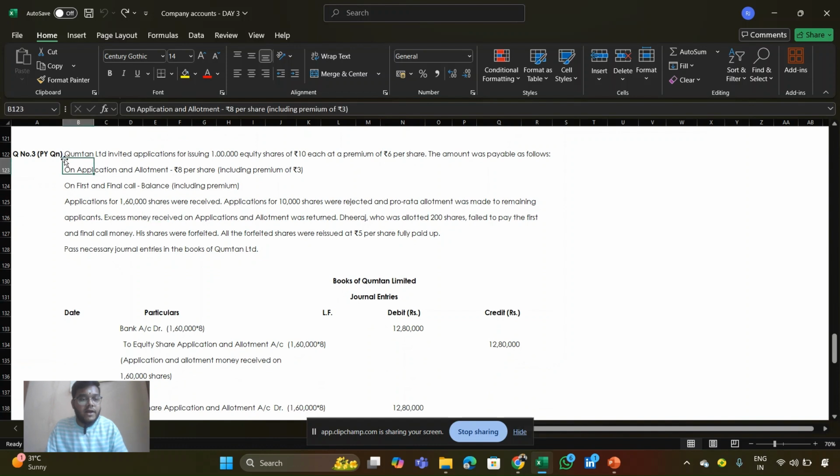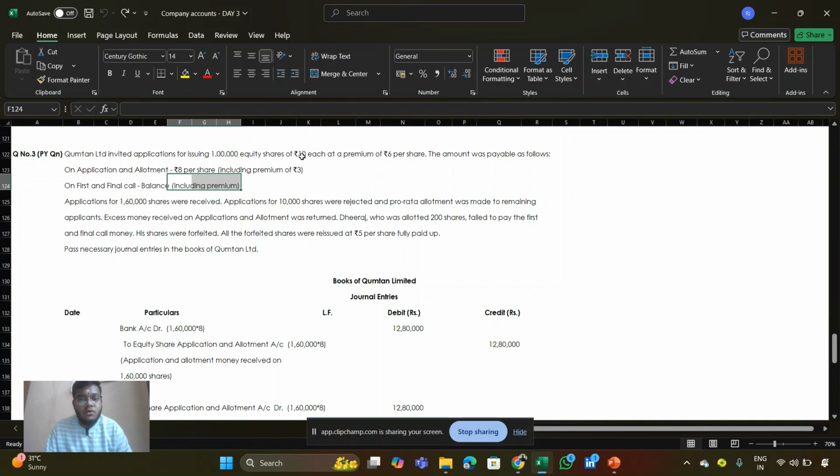Kumta Limited invited applications for issuing 1 lakh equity shares of rupees 10 each at a premium of 6 per share. They've issued 1 lakh equity shares, face value is rupees 10, and the premium is rupees 6. The amount was payable as follows: on application and allotment 8 per share, including premium of rupees 3, first and final call balance including premium.